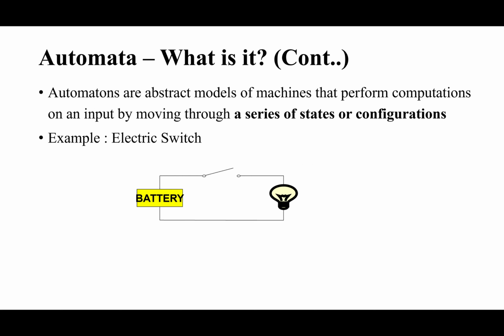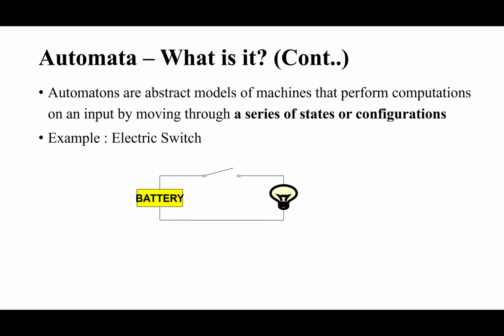As I said, an automaton is an abstract model of machines. It performs the computation on an input by moving through a series of states or configurations. At each state of computation, a transition function determines the next configuration on the basis of a finite portion of the present configuration. Once the computation reaches an accepting configuration, it accepts that particular input.